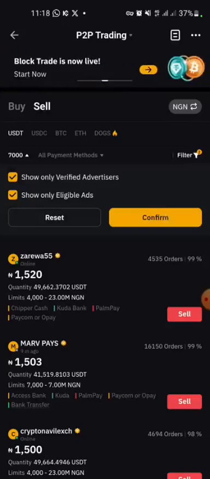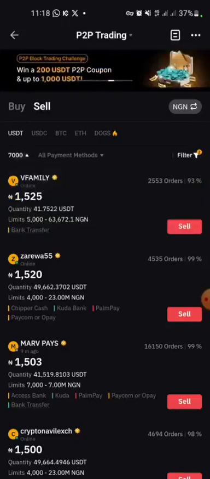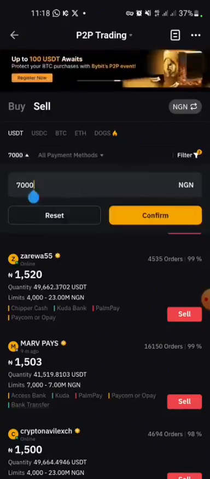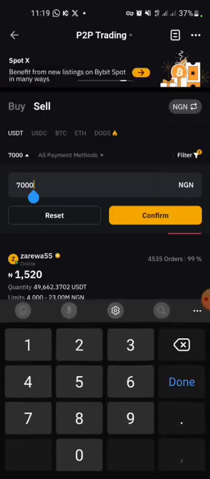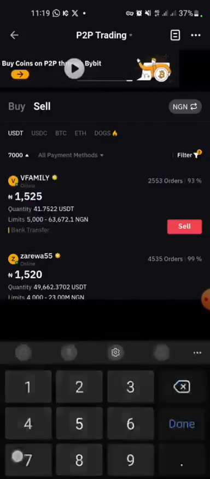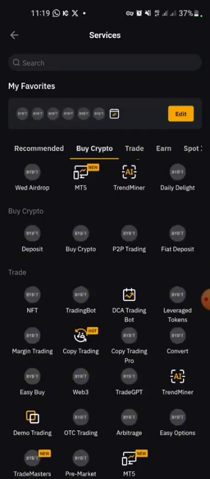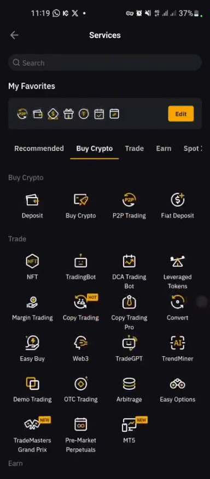Then you use the amount here to filter out the amount or the limit you want to use, 5,000, 10,000, as the case might be, depending on the value you are selling at. Then you come here, you check the people, and the rest of that. So that is it. It's very easy and simple.